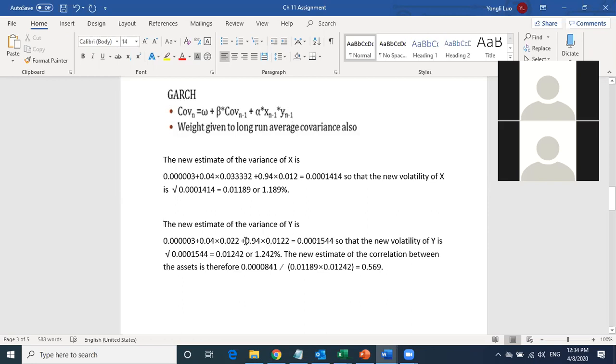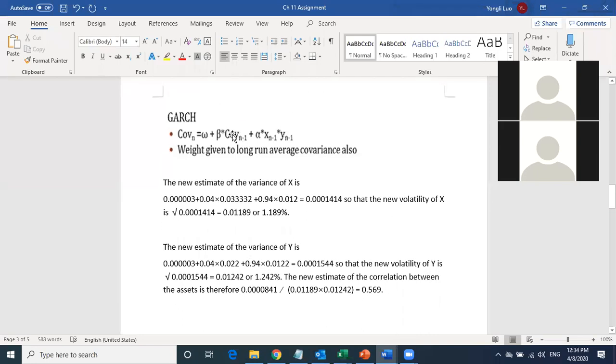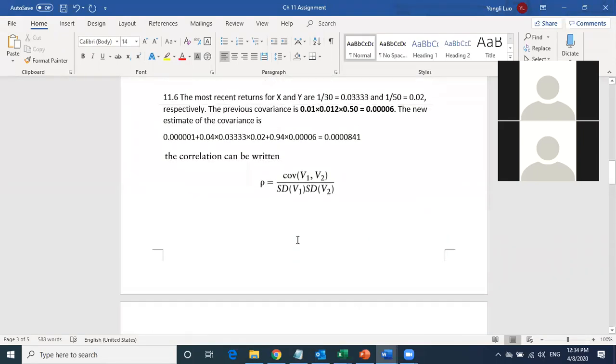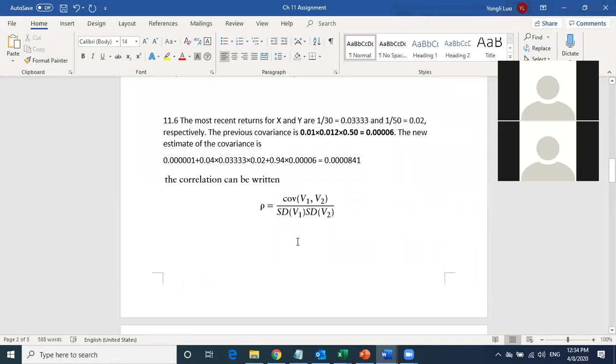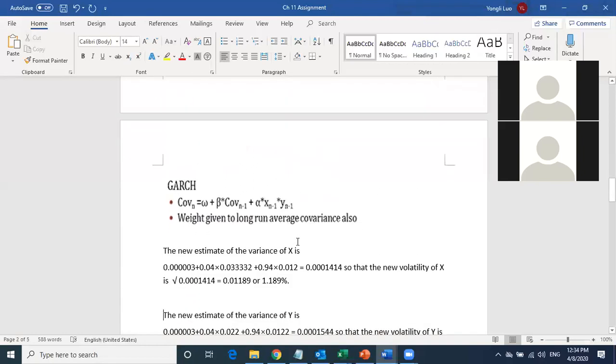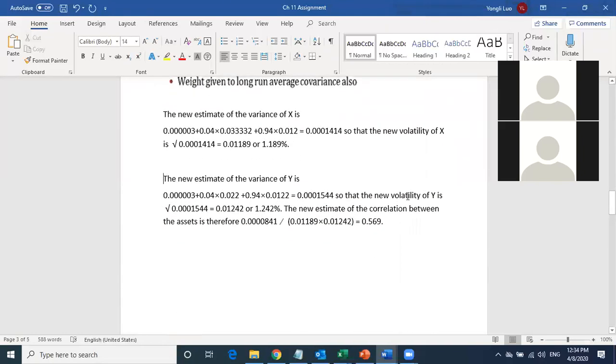And then you plus beta times the previous period variance, which is 0.012. So you just got this number. Now we have the new variance of asset Y, and you take the square root.